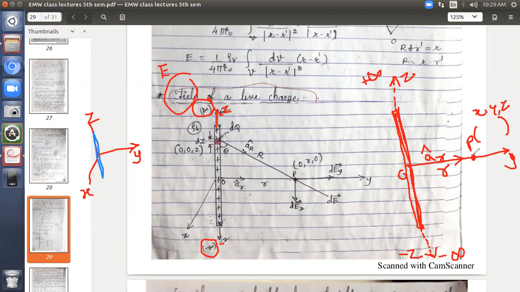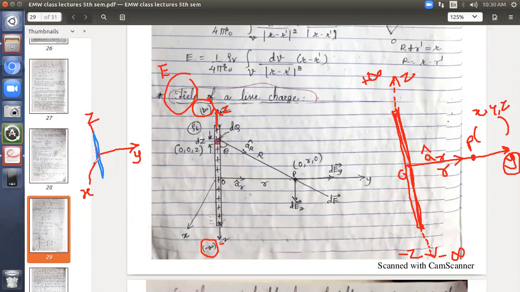If the point P is situated on y-axis, right? It is on y-axis. What are the values of x coordinate and z coordinate here at point P? Anybody? What are the coordinates of this point P? I want the x coordinate of this point P. Do you have any x value here?